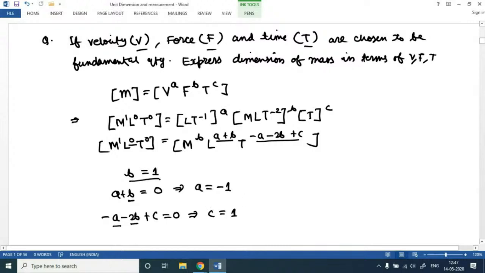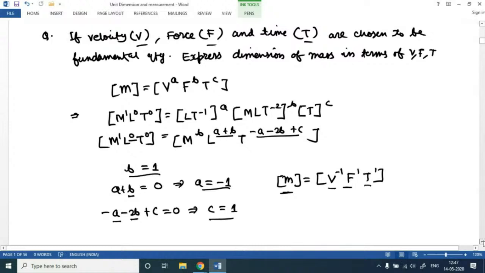Knowing the values of a, b, and c, the dimension of M can be represented as V to the power minus 1, F to the power 1, and T to the power 1. So that would be the dimension of mass in some other unit system where we have fundamental units as V, F, and T. So that was one of the ideas.